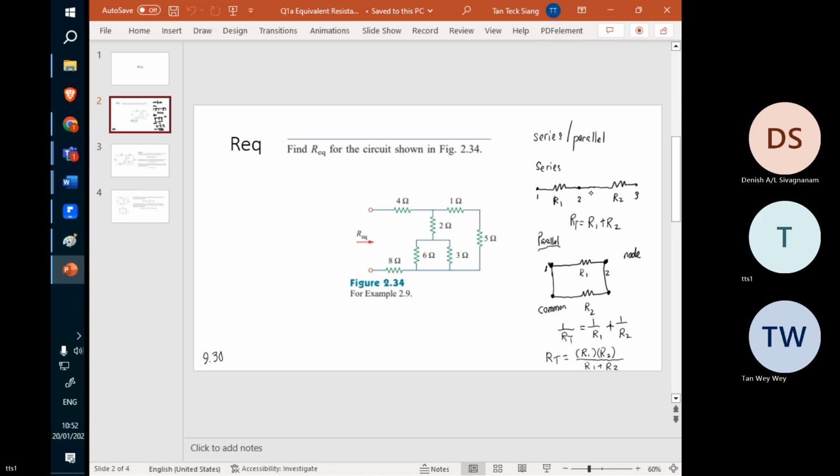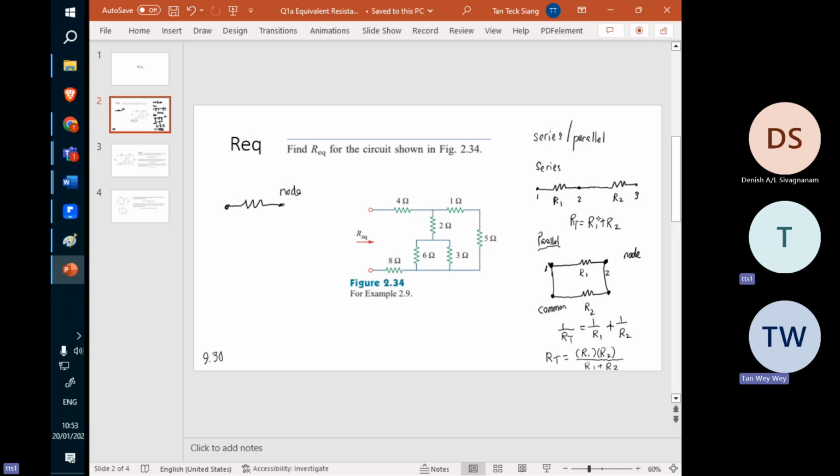So two resistances give three nodes, rather than four. When they join together to form a three-node circuit, this is called a series connection.